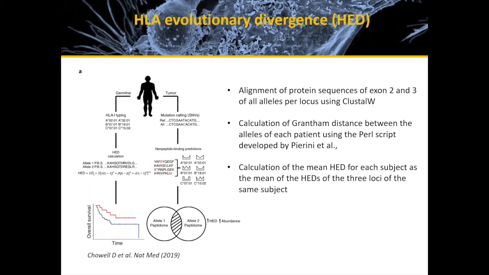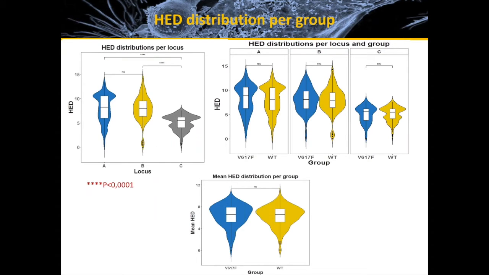Then, for each subject included in the study, we calculated the mean HLA evolutionary divergence as the mean of the HEDs of the three loci of the same subject. Next one, please. We estimated HED for every locus, as well as the mean HLA evolutionary divergence for all three loci in patients and controls.